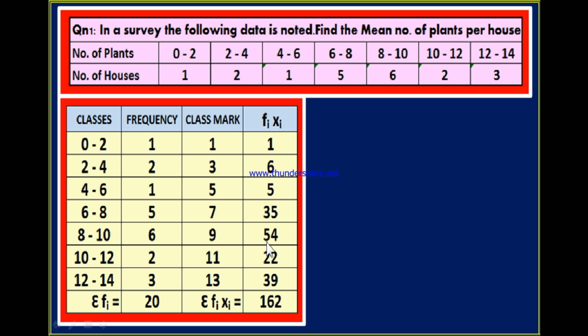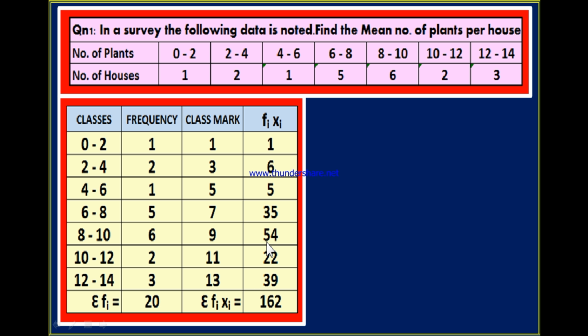Otherwise, I told you a simple method to write mid values. How? Write the mid value of the first class as usual. That is 200 plus 250 is 450, 450 divided by 2 is 225. After writing the mid value of the first class, verify the difference between any two successive lower boundaries.